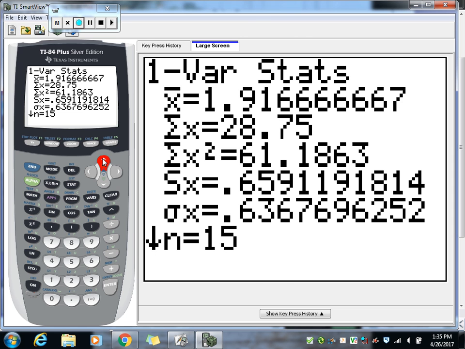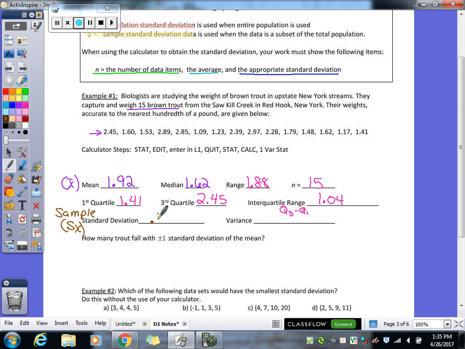So to the nearest hundredth, that would be 0.66. And then our variance is our standard deviation squared. So just use your calculator, 0.66 squared. What do we get? 0.44, because we're going to go to the nearest hundredth still, so 0.44.